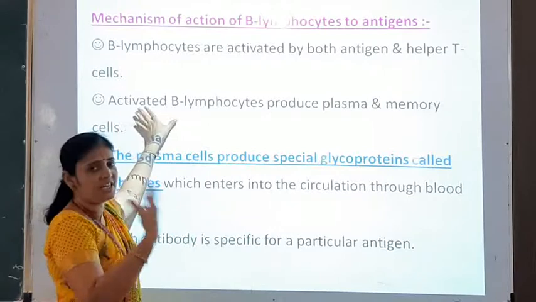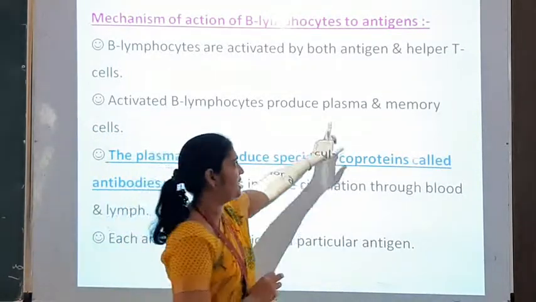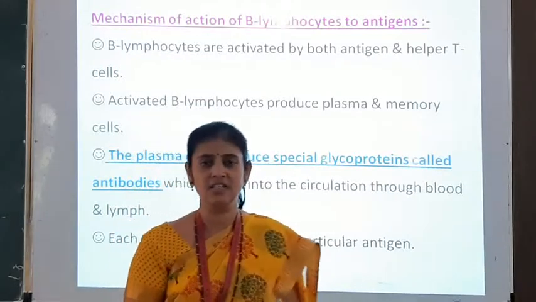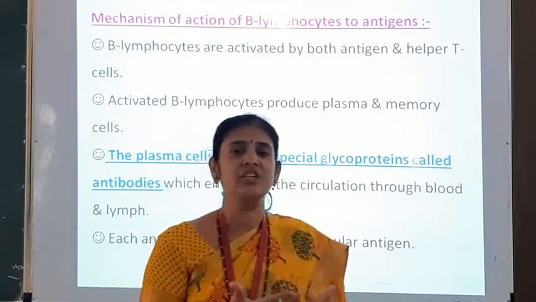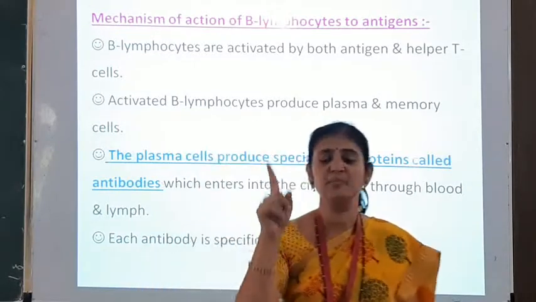After activation, the B lymphocyte produces two types of cells, plasma cells and memory cells.